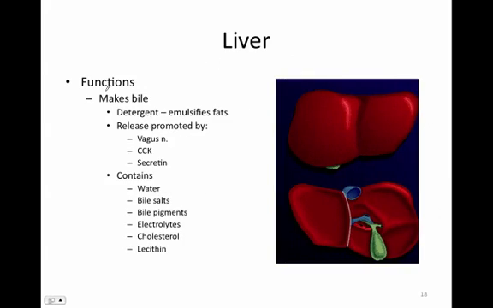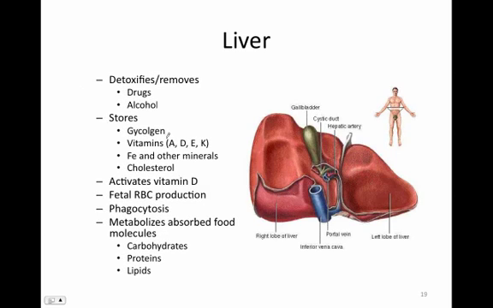Our liver functions to make bile, which helps break down fats, and it also serves a few other functions which we don't need to know yet. It detoxifies alcohol and drugs from our blood system, and it contains glycogen, which helps monitor or control blood sugar.